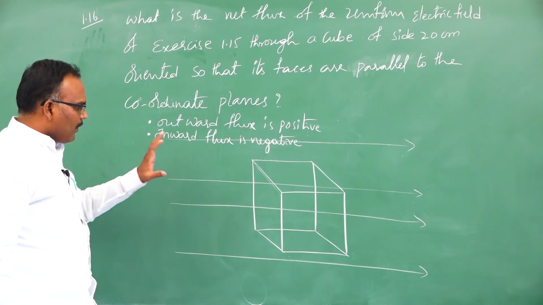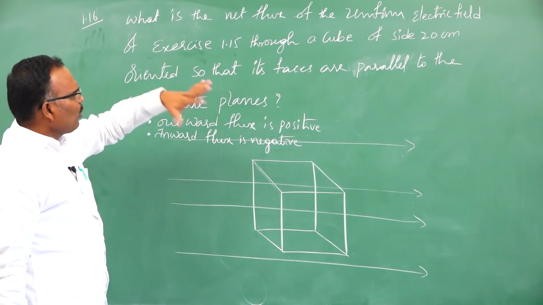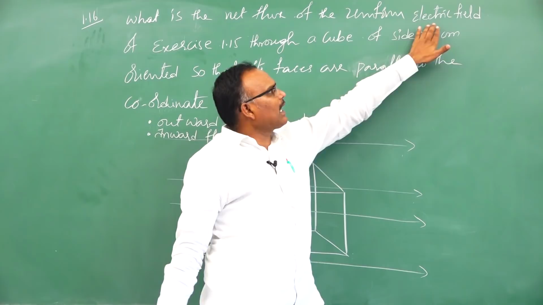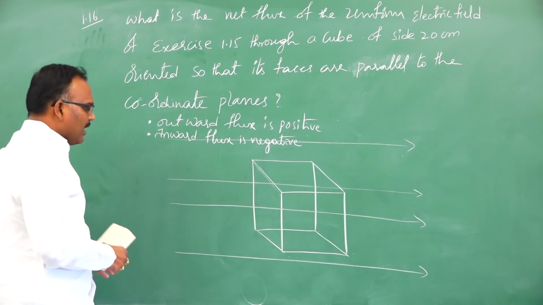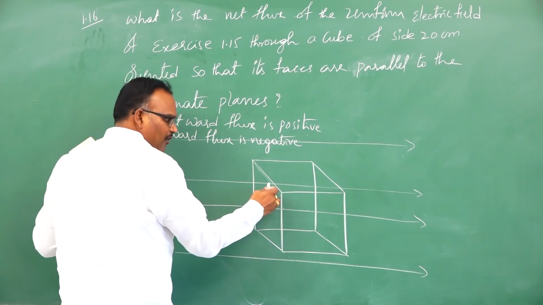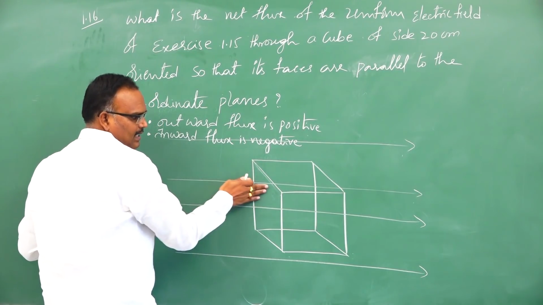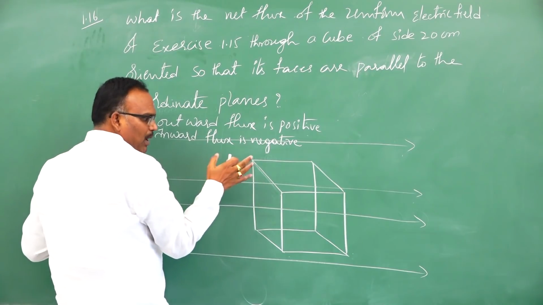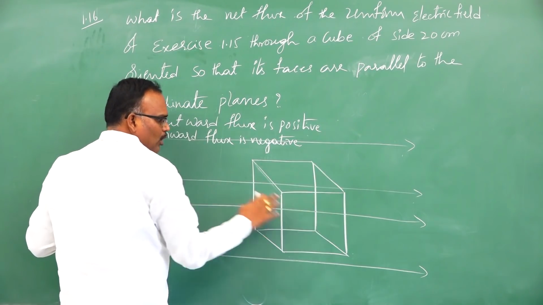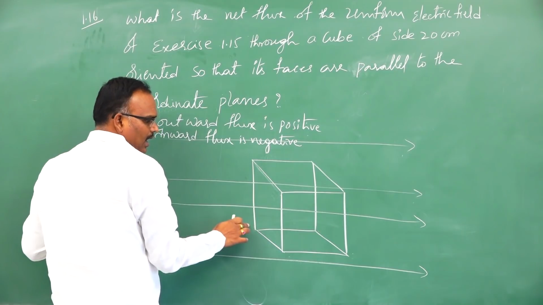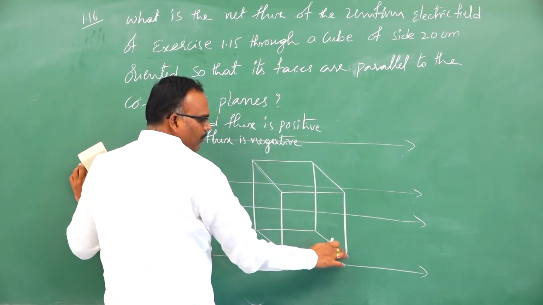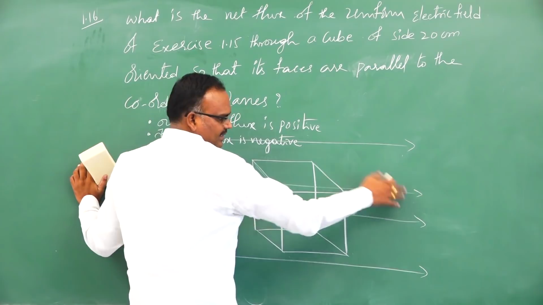Okay. So if you take this, even no need to know the value of the uniform electric field here, because the flux is inward for this face, the face which is facing towards the field. The number of lines passing through this face are equal to the number of field lines coming out of the opposite face.